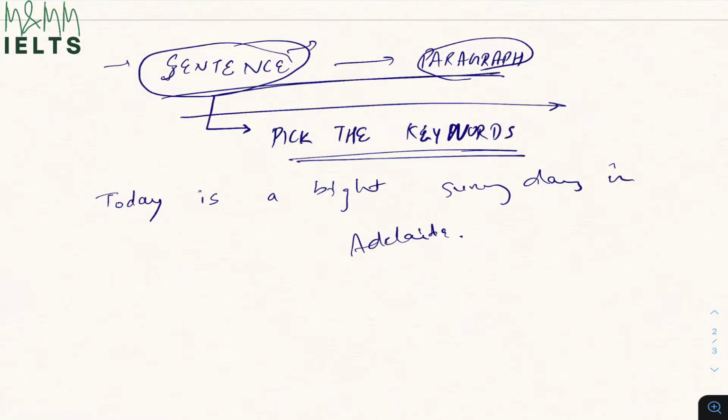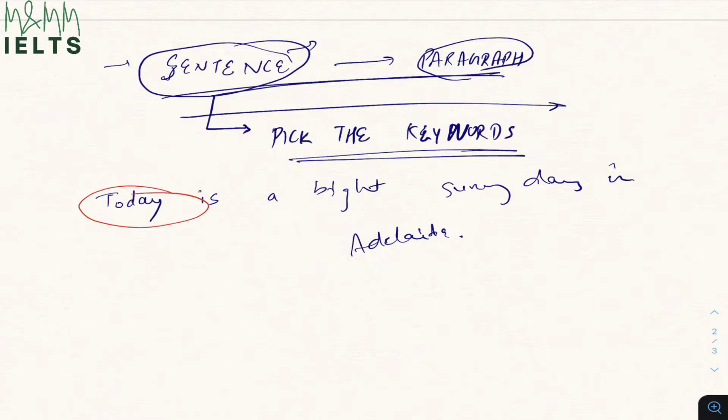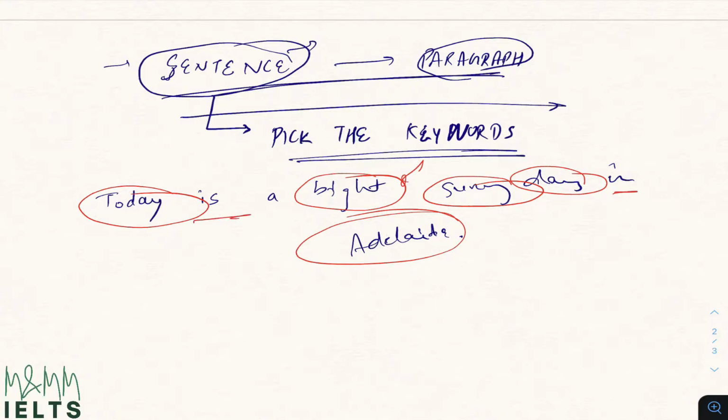What I'll do is, I'll just read out the keywords out of it. Right now I can see the keywords that they have given me here are today, bright, sunny, day, Adelaide. Just look at these important. Is, in, on, under, to, off, from, all these words are there, yes, but then they do not make any sense to you. Just pick up the keywords and then move towards the second step.